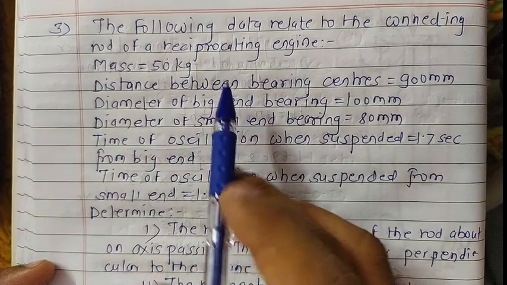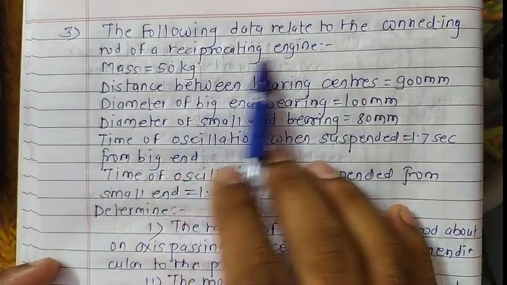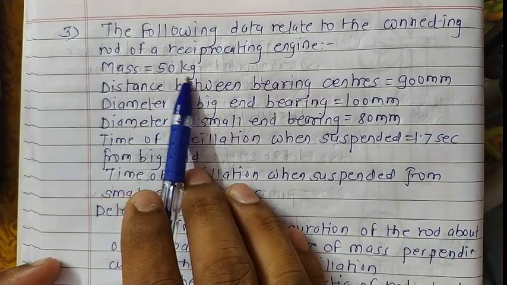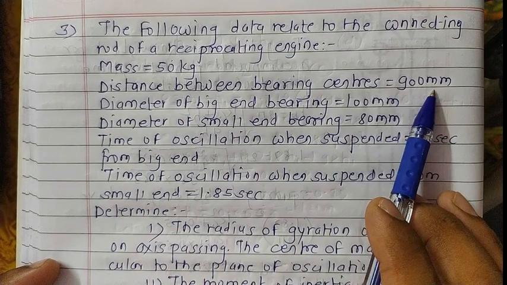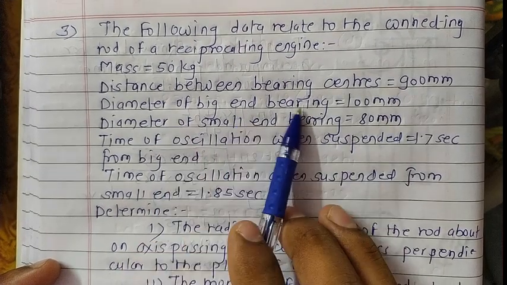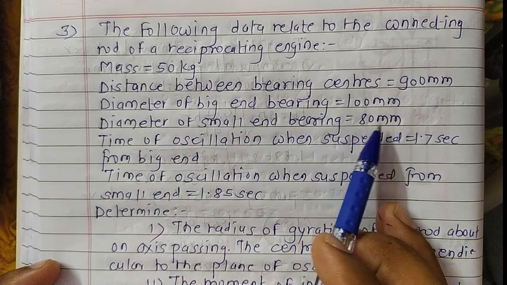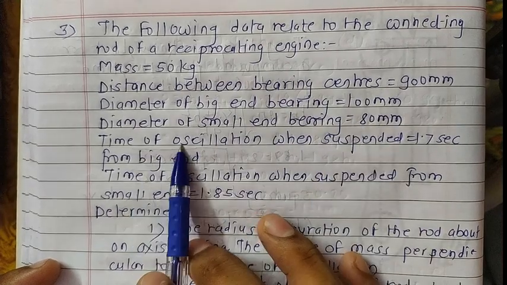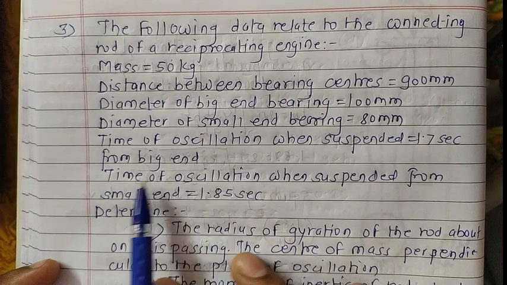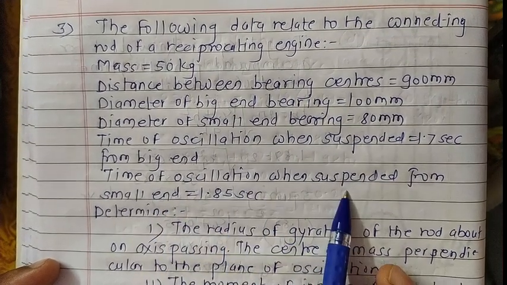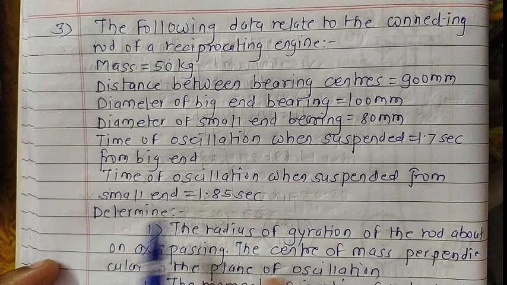Now see the next important problem. The following data relate to the connecting rod of a reciprocating engine. The mass is 50 kilogram. Distance between the bearing centers is 900 mm. Diameter of big end bearing 100 mm, diameter of small end bearing 180 mm. Time of oscillation when suspended from the big end is 1.7 second, and time of oscillation when suspended from the small end is 1.85 second.